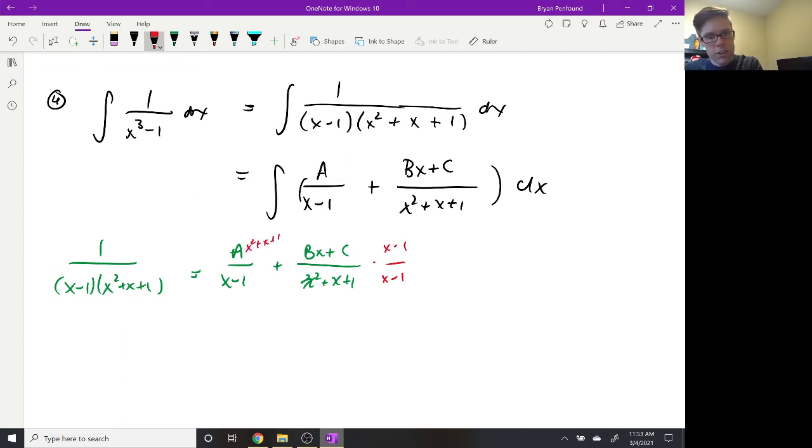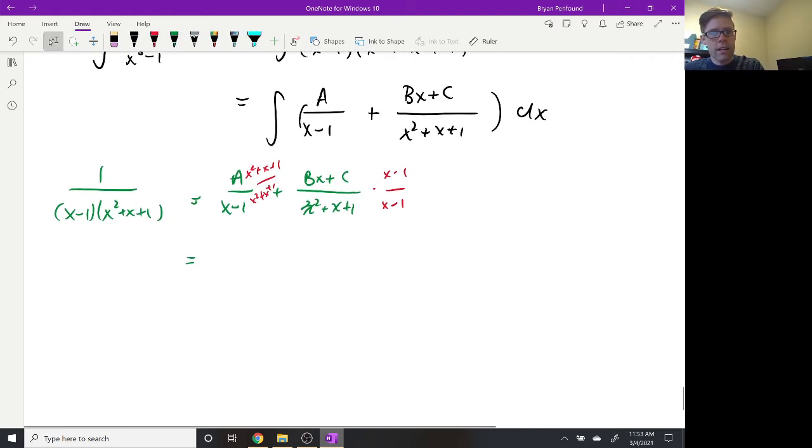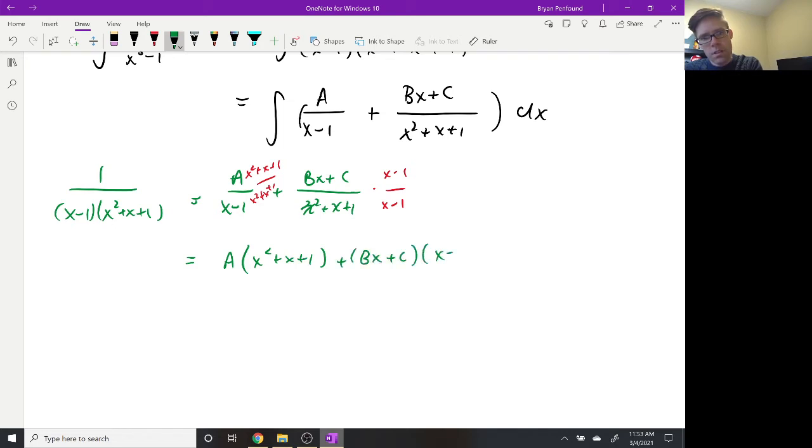And the front-end fraction we're going to multiply by the irreducible quadratic in both the numerator and the denominator. And doing that, we should get A times the irreducible quadratic plus Bx plus C times the linear. And then we get our common denominator that we're looking for.